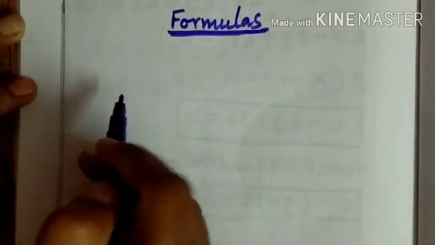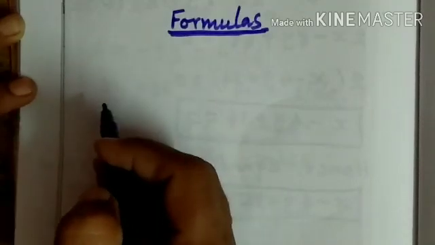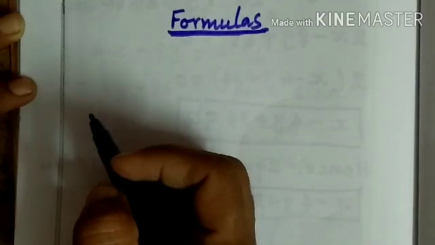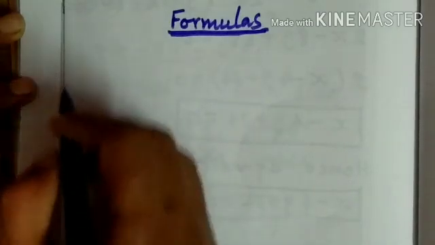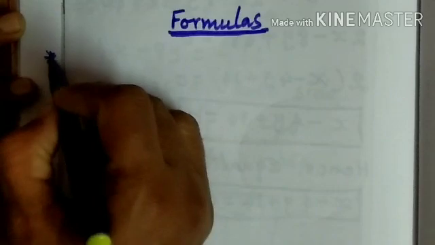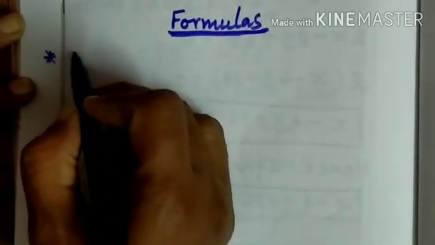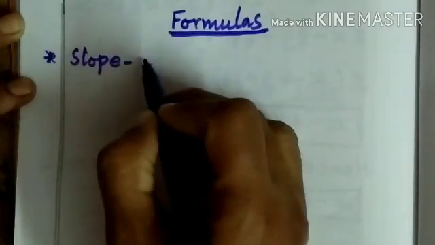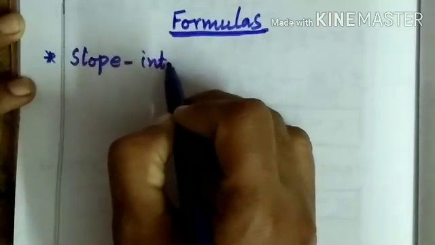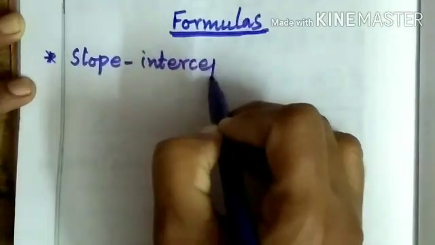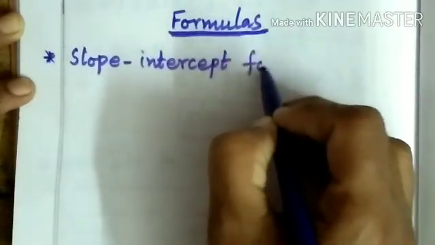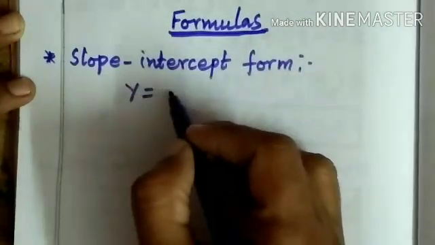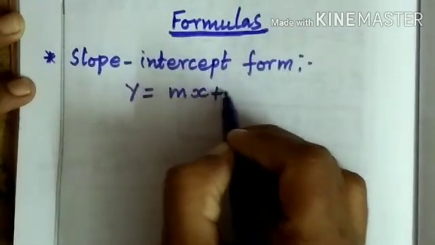If a straight line passes through the y-intercept c with slope m, then the equation of the straight line by slope intercept form is y is equal to mx plus c.